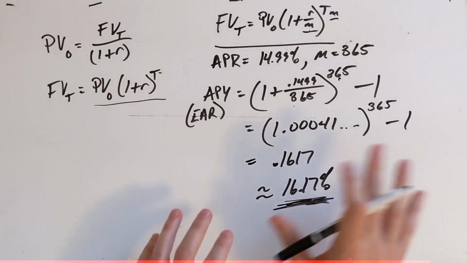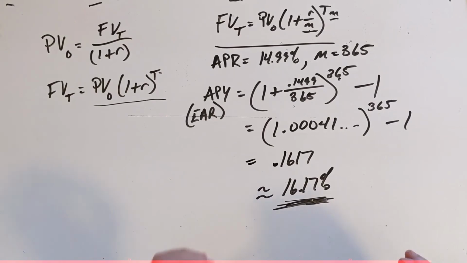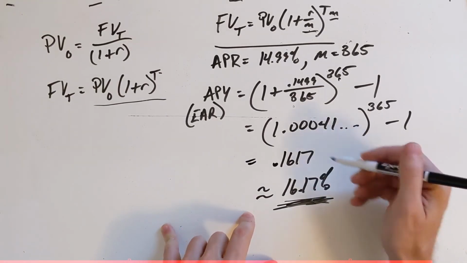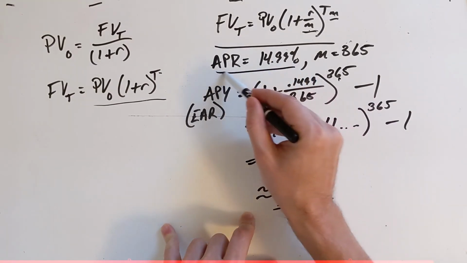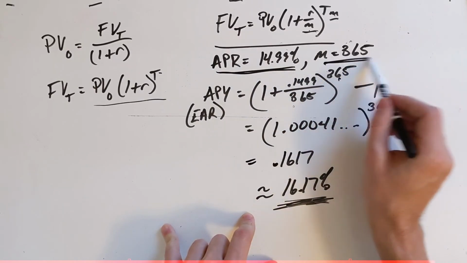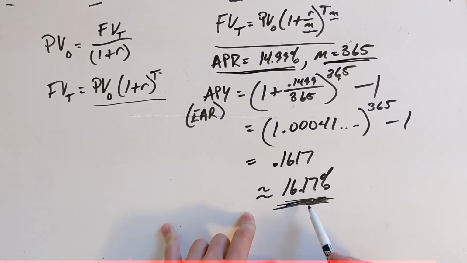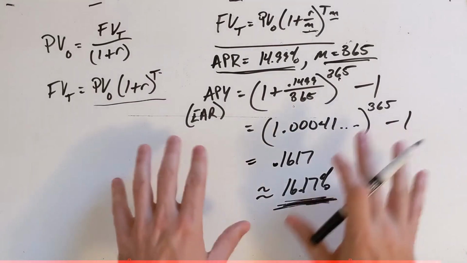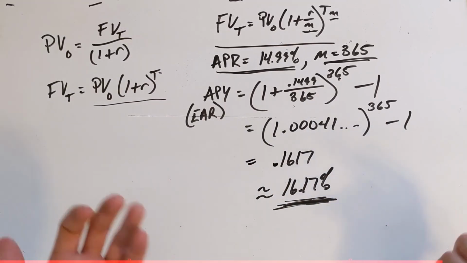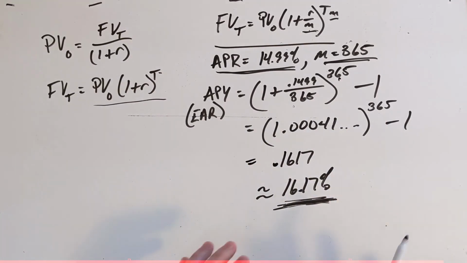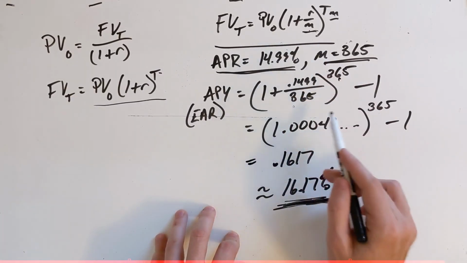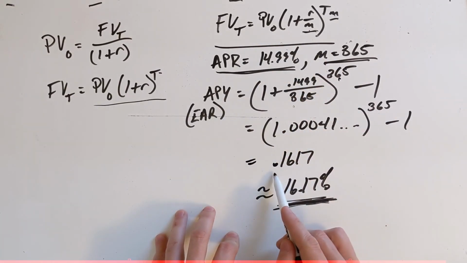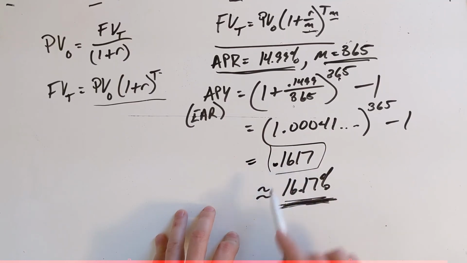So this is how we can figure out a number that gives us an equivalent between the APR, the nominal rate, given its compounding interval, and a rate that would work if I only compounded my money once a year. Realistically, all we're doing is figuring out, if I ran $1 through this account for 1 year, how much interest would that dollar earn?